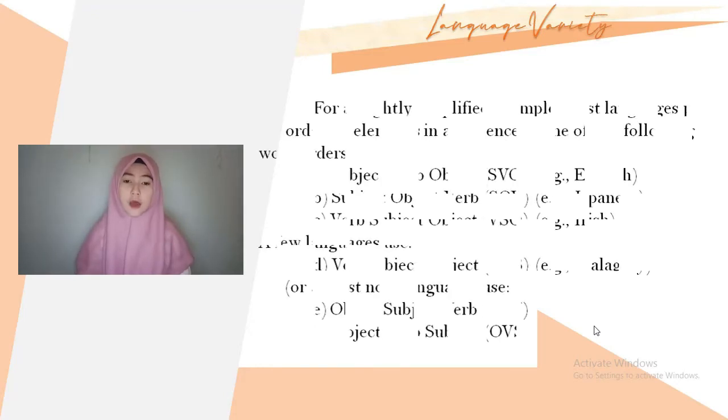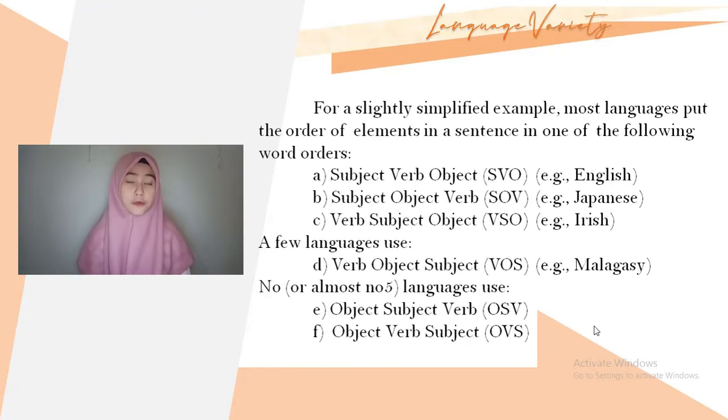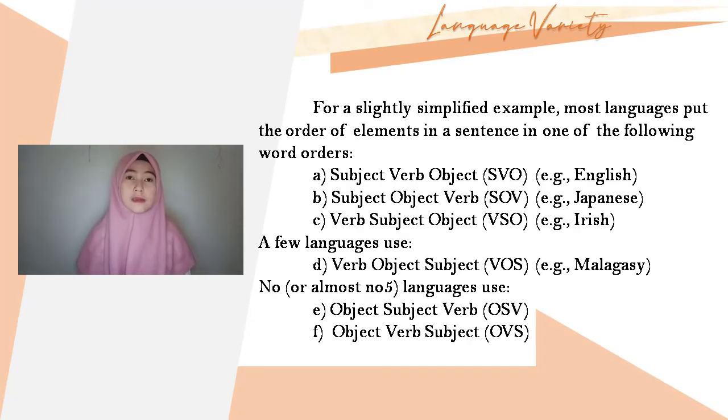Okay, next, for a slightly simplified example, most languages put the order of elements in a sentence in one of the following word orders: A. Subject, verb, object, or SVO. B. Subject, object, verb, or SOV.